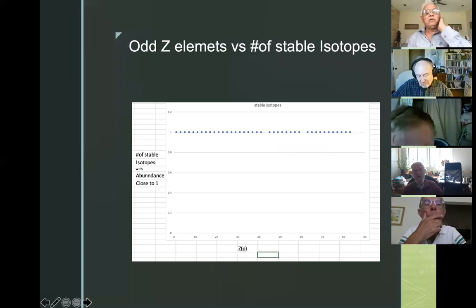So then I said, okay, let's look at all the stable elements.